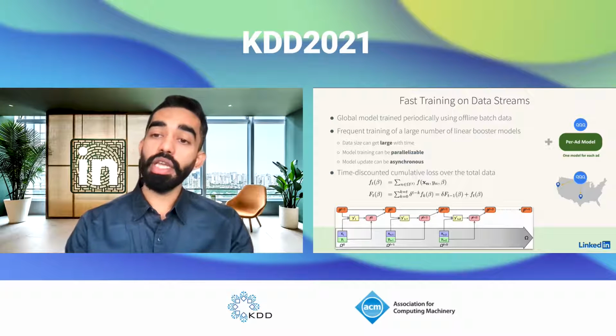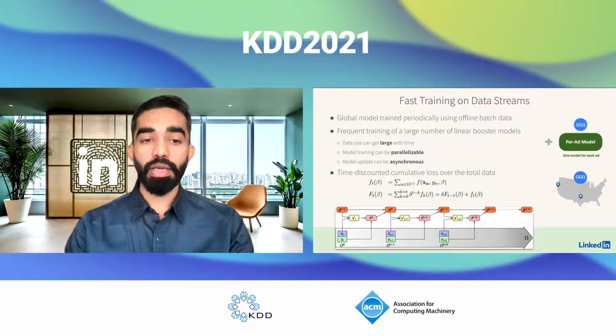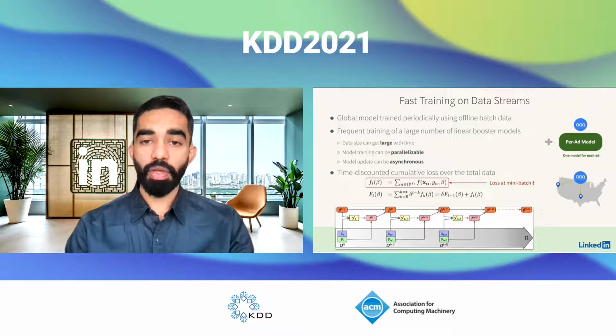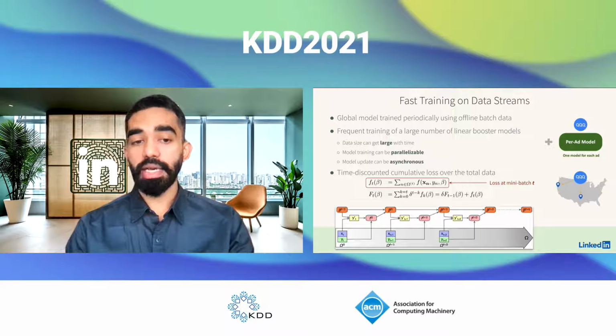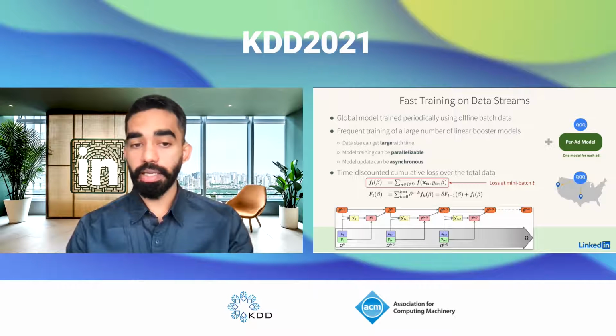Now, because we want to train using streams of data, we modify the loss function. Instead of using the typical batch loss function, we use a time discounted cumulative loss, where if omega t is the mini batch of data that we want to train on, then ft is the loss at mini batch t.